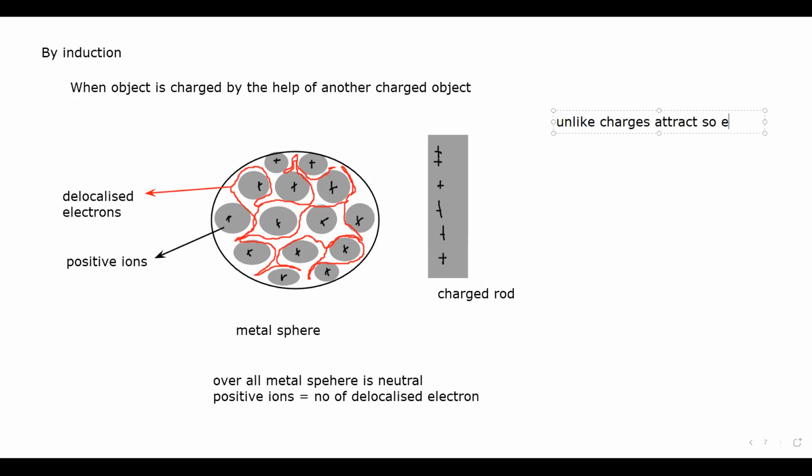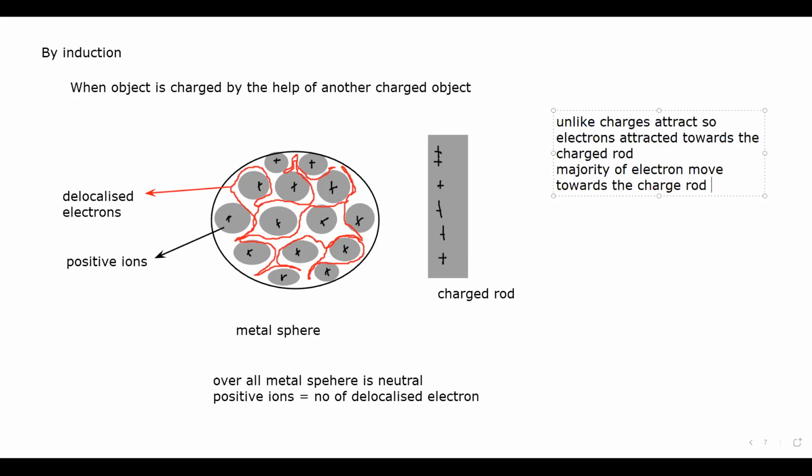So electrons are attracted towards the charged rod, then the majority of electrons move towards the charged rod.